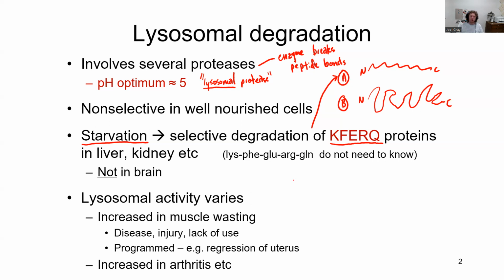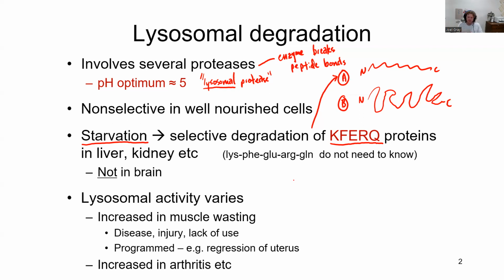They might have more lysosomal proteases, in which case they're breaking down proteins at a higher rate than someone who is not. So lysosomal degradation is localized to a membrane-bound organelle. You have to put the proteins in that organelle in order for them to be broken down.